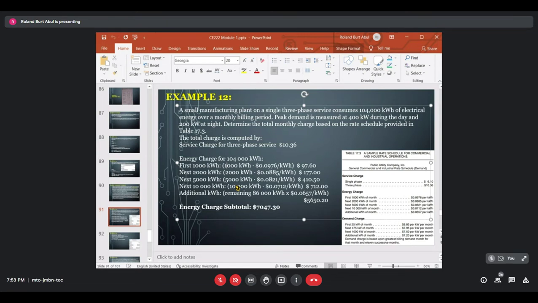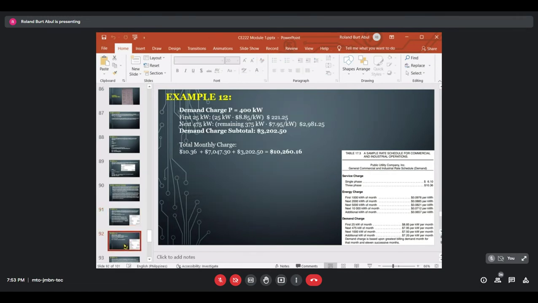The peak demand is measured at 400 kilowatts during the day and 200 kilowatts at night. Determine the total monthly charge based on the rate schedule provided in Table 17.3. First of all, I want to know what service connection this manufacturing plant is connected to. Is it single phase or three phase?